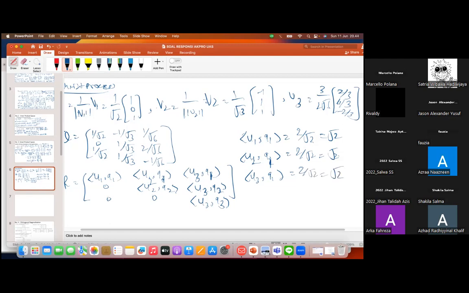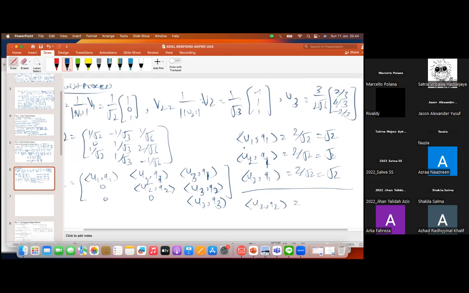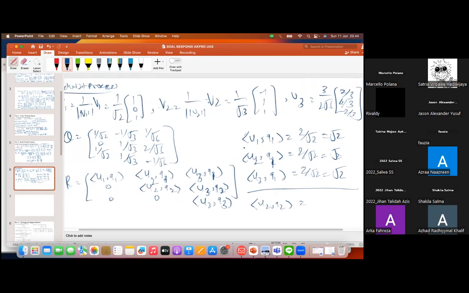If you want to calculate it on your own, go ahead. Next is U2 comma Q2. It is equivalent to 3 over root 3, which is equivalent to root 3.